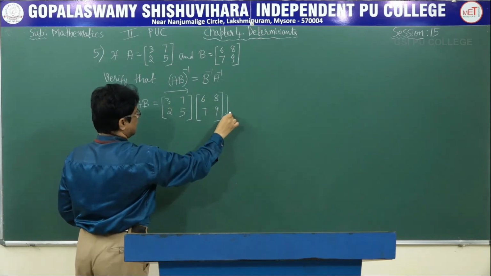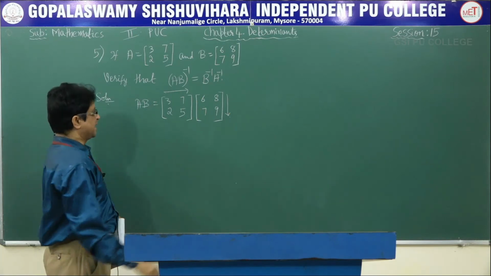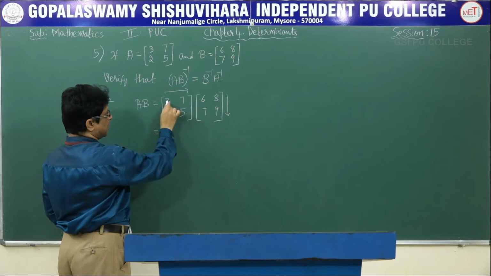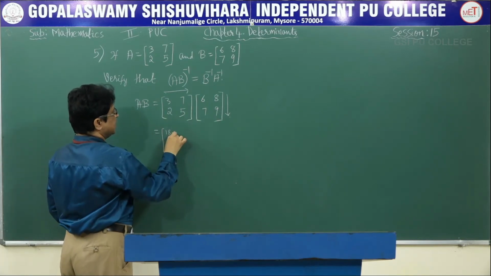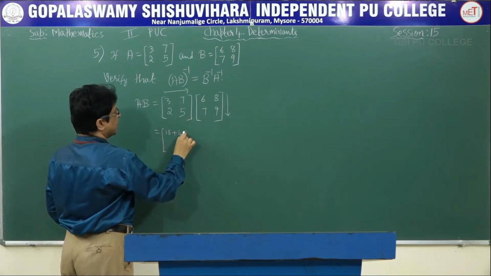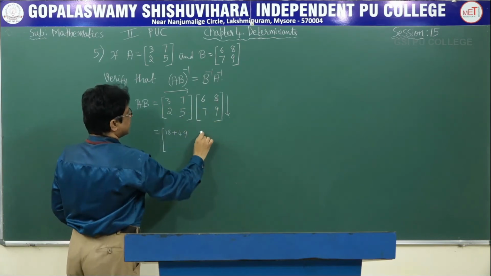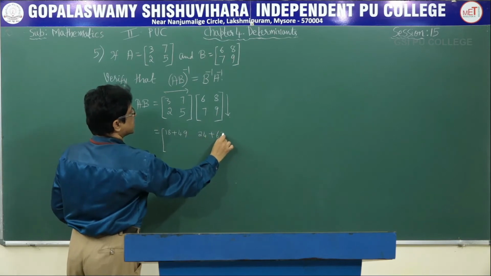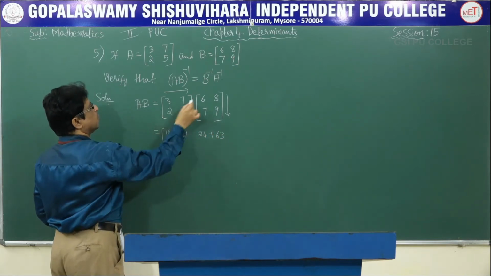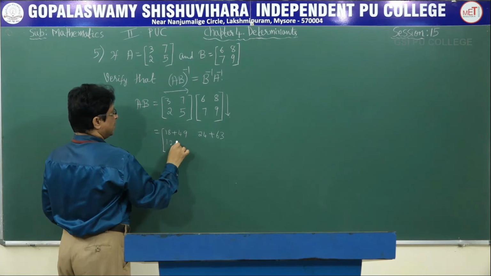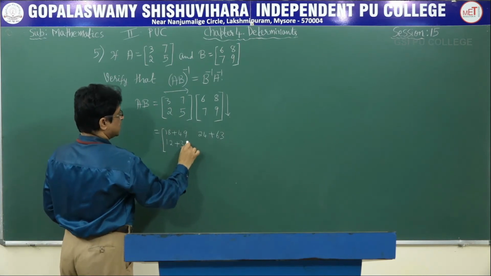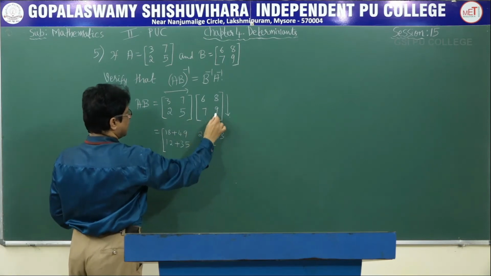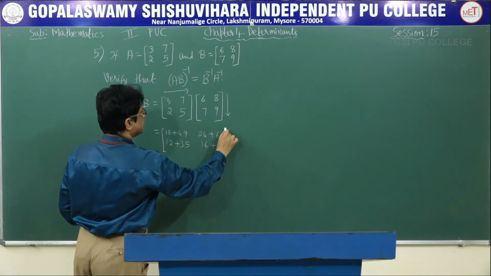Let us multiply two matrices, as usual, row into column. 3 6s are 18 plus 7 7s are 49, 3 8s are 24 plus 7 9s are 63. 2 into 6 is 12 plus 5 into 7 is 35, 2 into 8 is 16 plus 5 into 9 is 45.